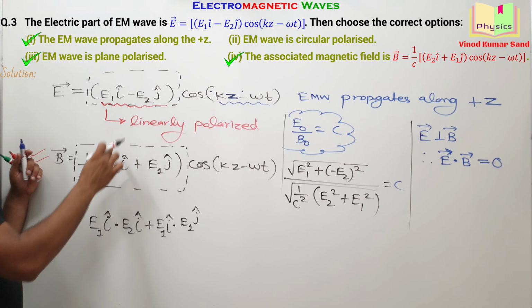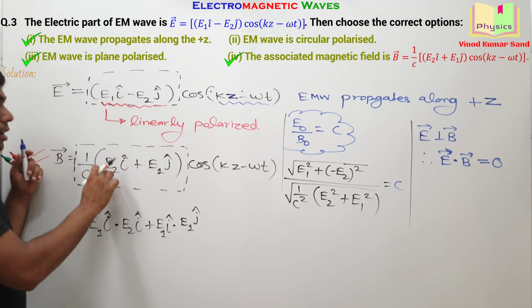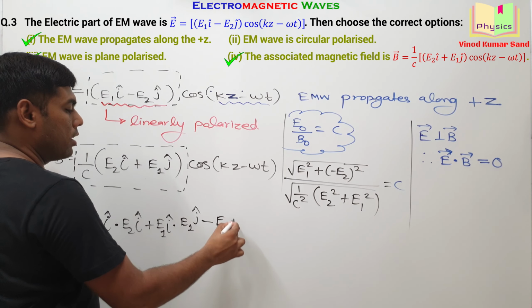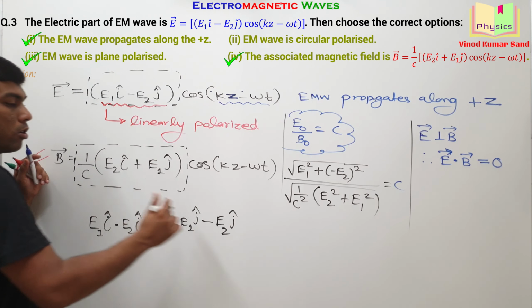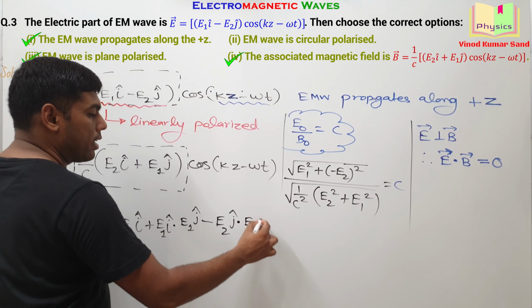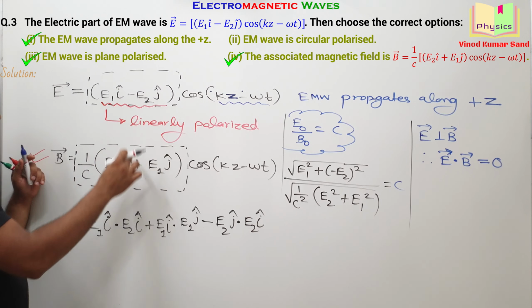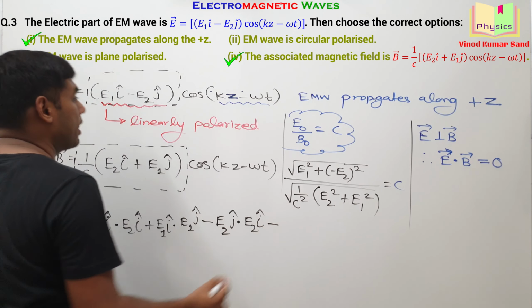Then the dot product of these two vectors, minus sign because of this, minus of E2 j cap dot E2 i cap. Then the dot product of these two vectors, minus into plus, so here will be a negative sign.